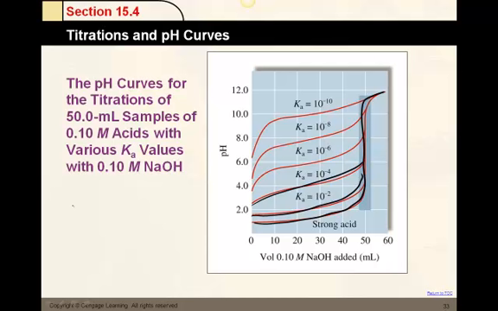In fact, when it's very weak, there's a kind of a huge jump right here in pH because it's so weak. You see that right in the beginning. So sometimes I've seen questions where they give you a curve and they say, is this a strong acid-base situation? Is this a weak acid, weak base? Based on the picture. So be careful to understand that.